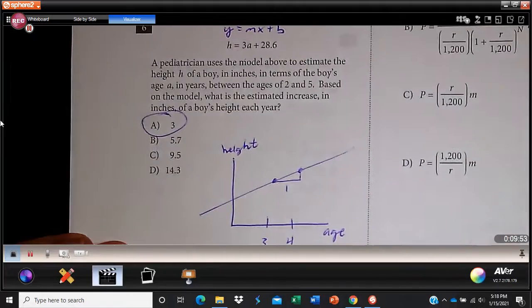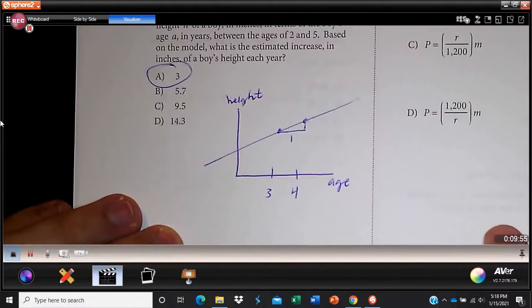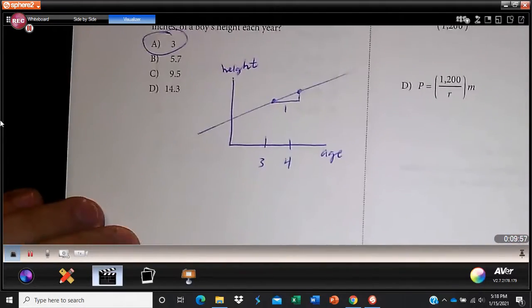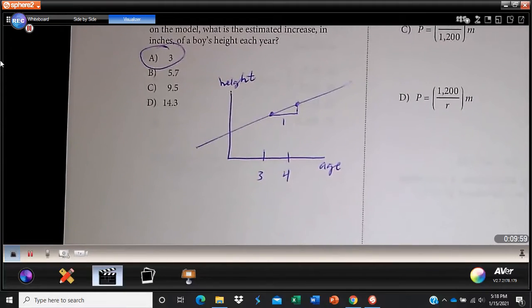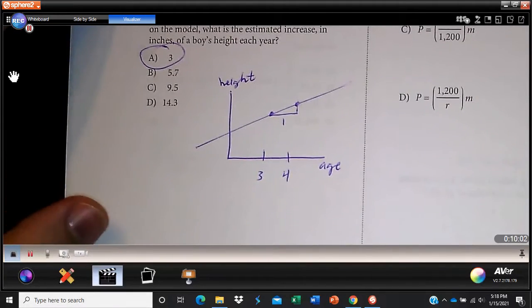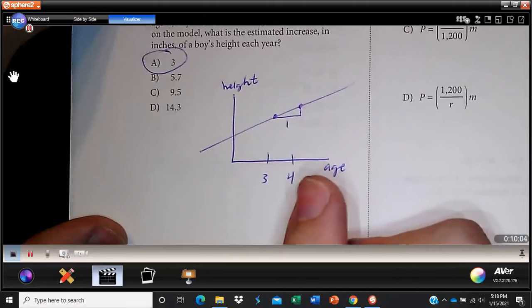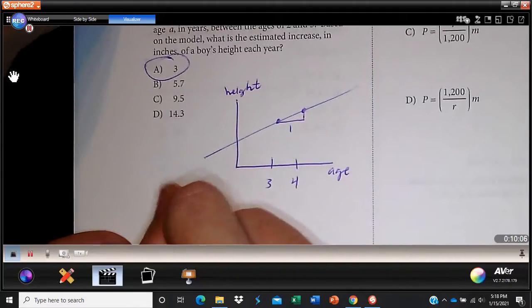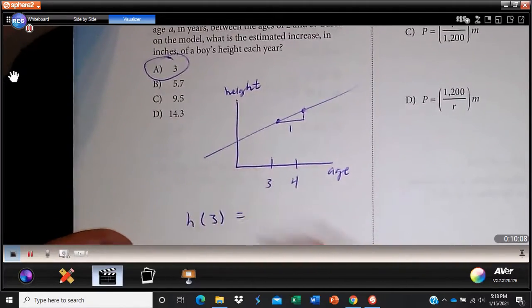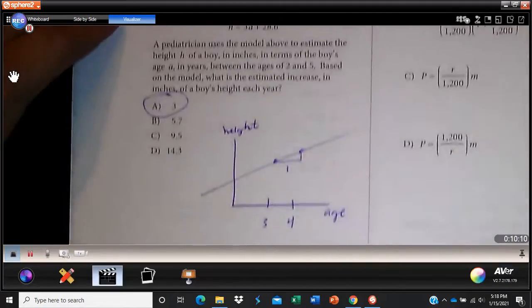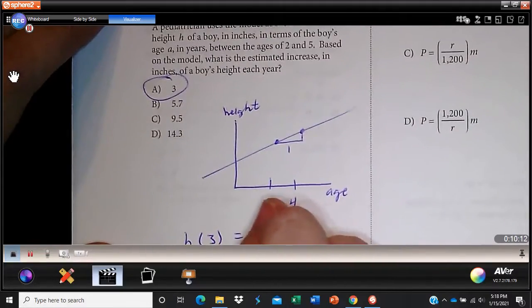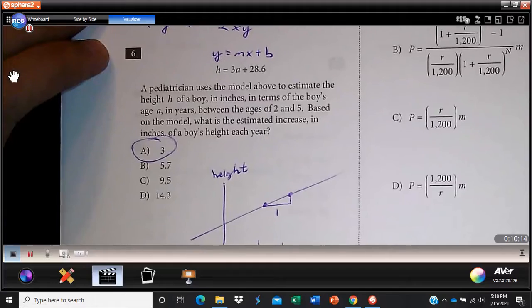If we really wanted to go deeper into what happened. That thing went dark. Okay. If we wanted to go deeper into it, we could actually calculate the height at age 3 and age 4. So h at 3 is going to be 3 times 3 plus 28.6.